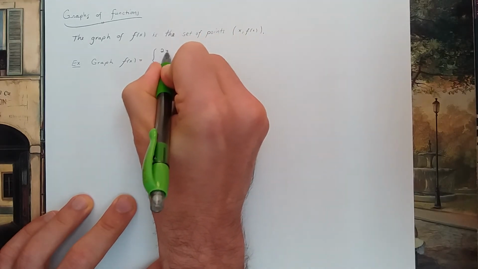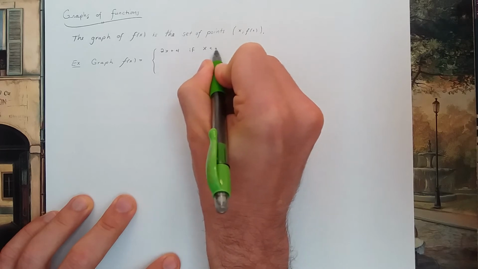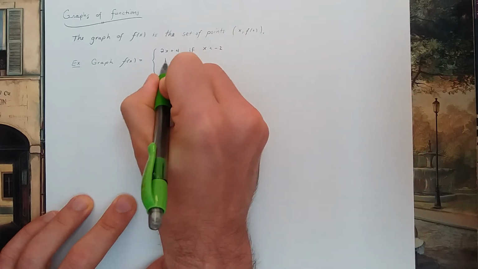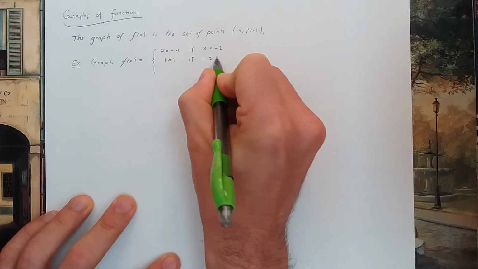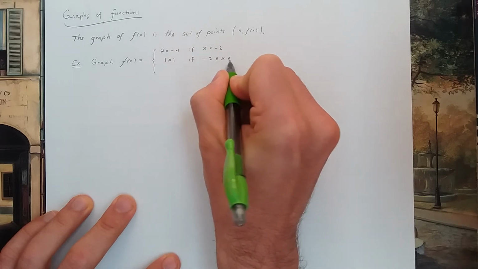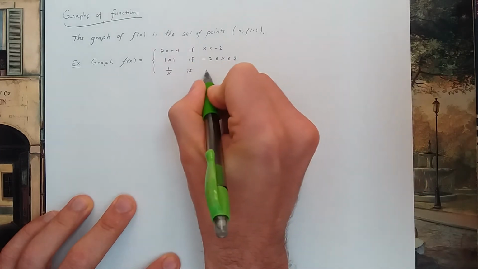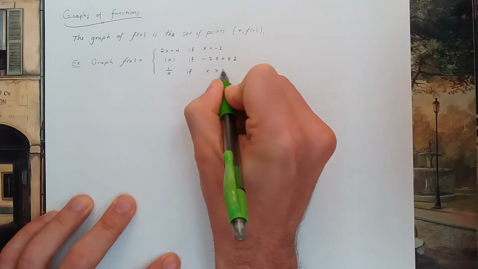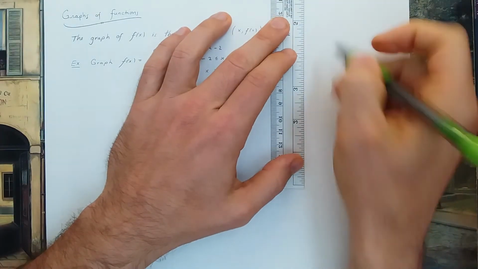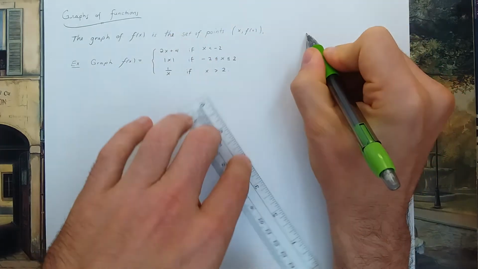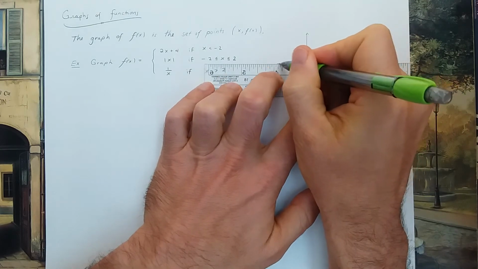Let's say it's 2x plus 4 if x is less than negative 2, the absolute value of x if x is in between negative 2 and 2, and 1 over x if x is bigger than 2. So to graph this function, we can plot a bunch of points and try to understand what's going on.